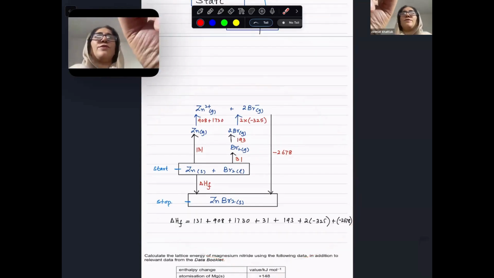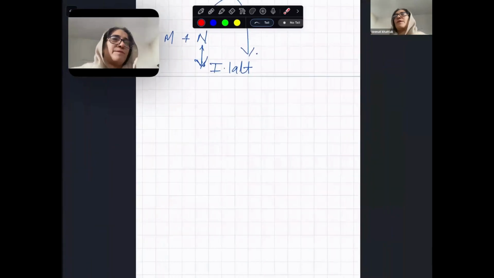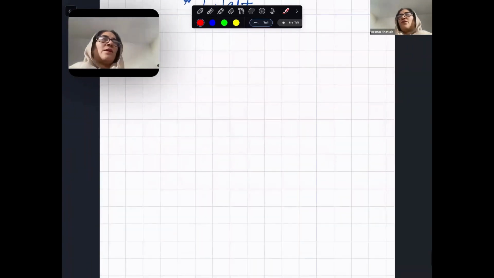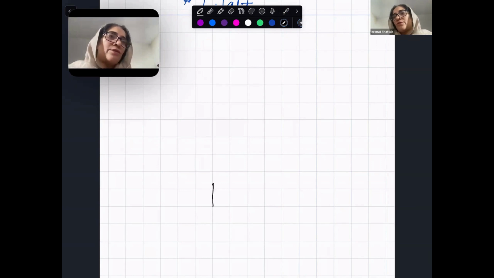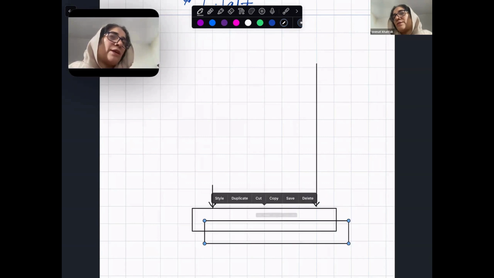Okay, so in zinc bromide, look. If you see two arrows, one arrow down, small, and one long arrow down.